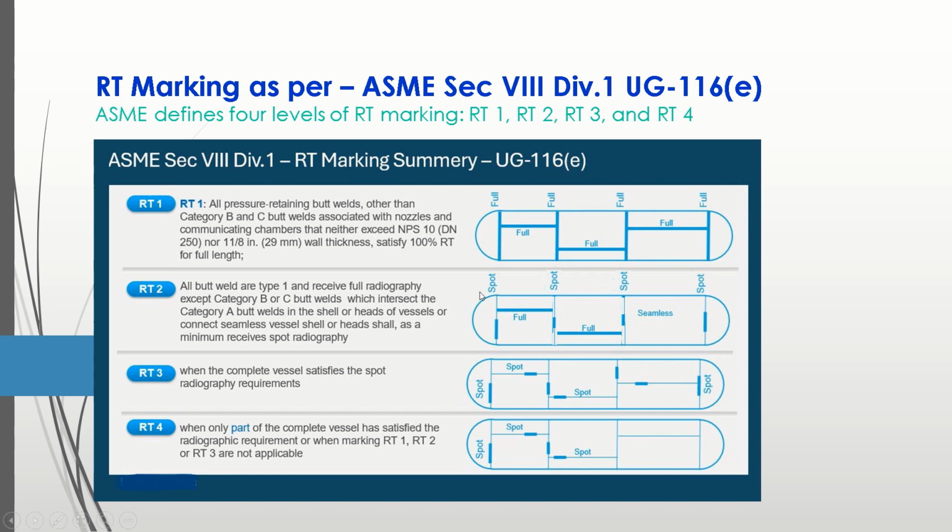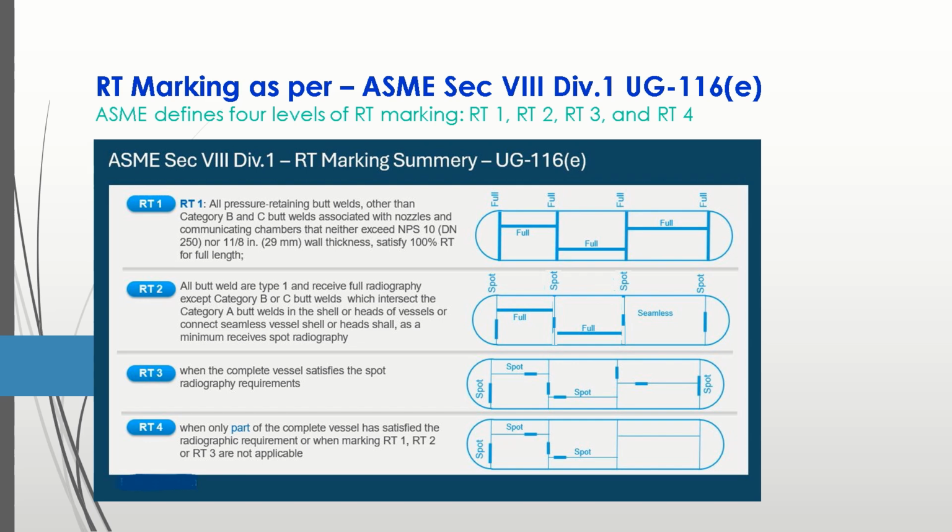RT2 is where you do full radiography for the longitudinal joints, which are critical joints, and spot radiography for the category B or C welds which intersect with longitudinal seams. The reason is that the longitudinal joint efficiency determines your thickness, whereas spot radiography will not affect it that much.